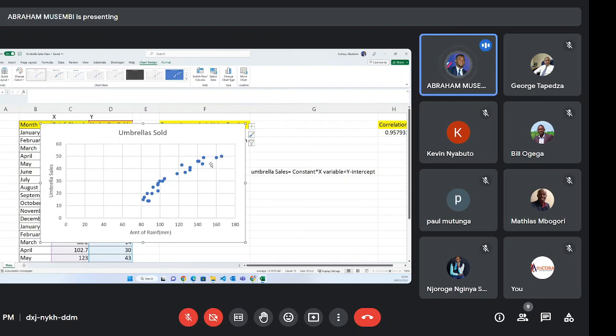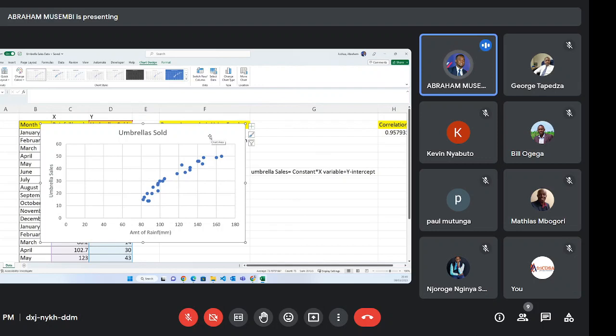if we were to include the equation of the straight line, or to plot a straight line, what would be the value of our y-intercept? Would it be a positive value or a negative value?